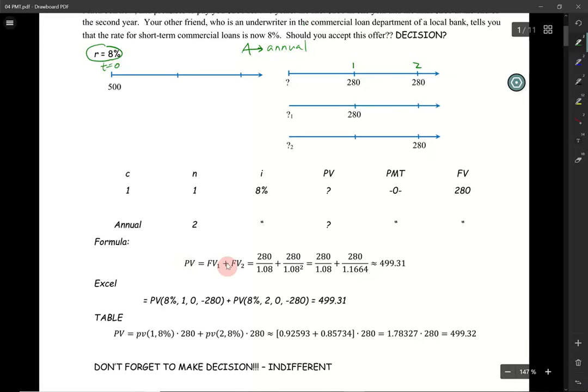So algebraically, this is what it would be. The present value is the future value for the first one. So this would be kind of like an FV1, and this would be like an FV2.